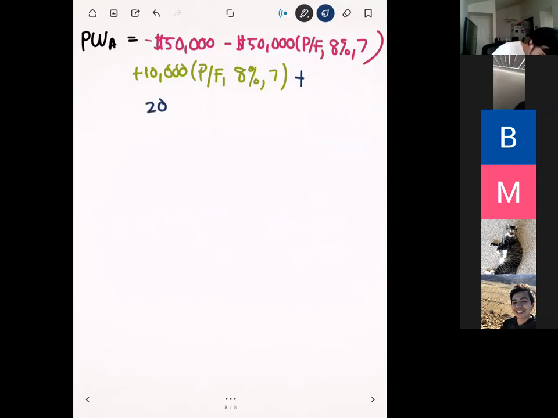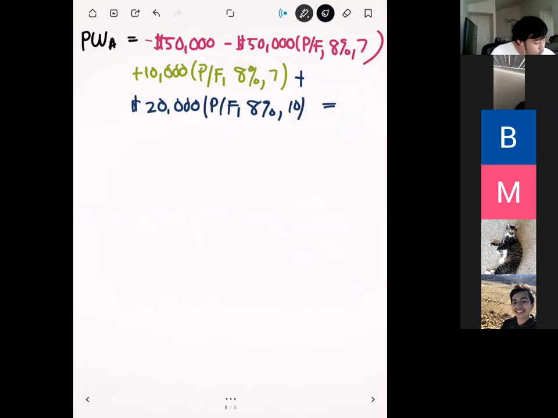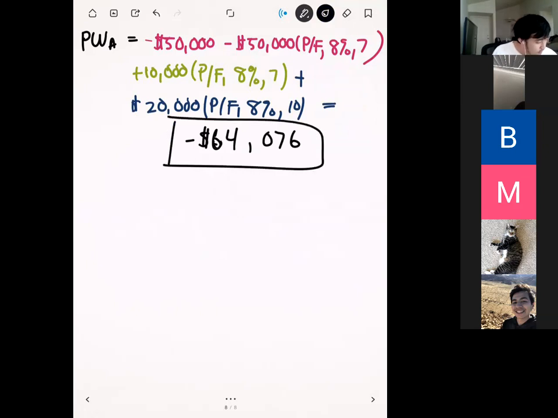Right. So we have $20,000, P over F, 8%, and then this is at 10 years. Okay. And so we add those up, we look up these numbers from the table, and then what you get is minus $64,076.